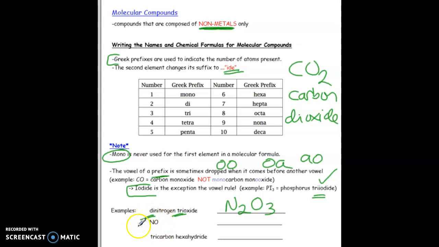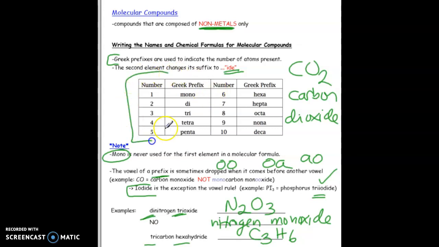Over here we have nitrogen and oxygen. So this is going to be nitrogen. Remember, you don't put mono for the first one, but then this one will be monoxide. Tricarbon hexahydride, C3H6.